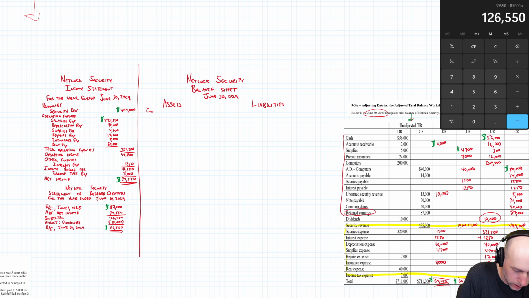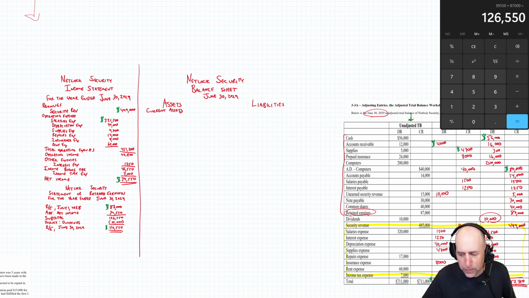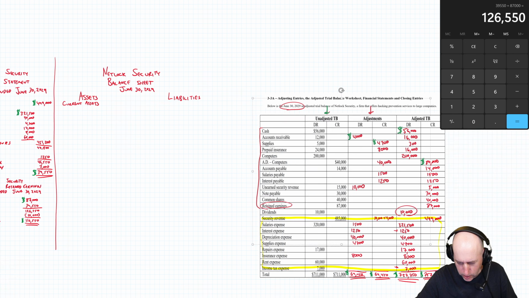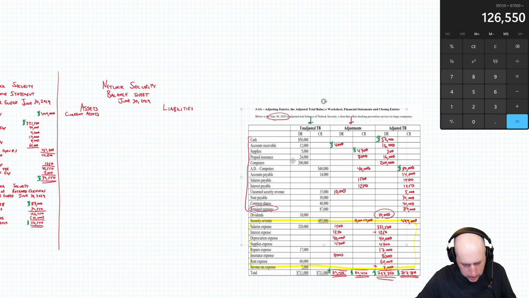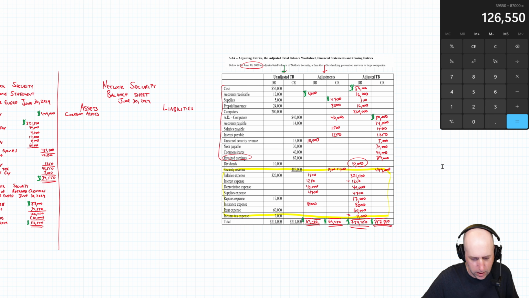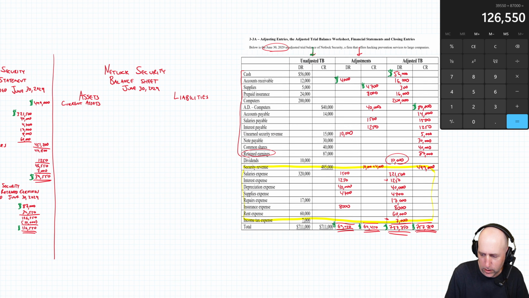And of course, we do current assets to begin. I think I want to do this. Oh, you know what? This is probably better just like this. Okay, let's do that there, and then I can zoom in a little bit.